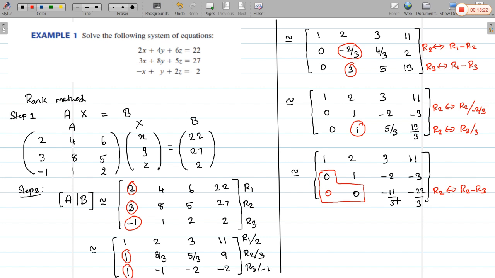So to know this further reduction, first we make the matrix an upper triangular. Then we will check whether this is the final reduction or can be reduced further. Now, how to verify whether it can be reduced further or not? It's so simple. I'll give you some examples to test your skills.